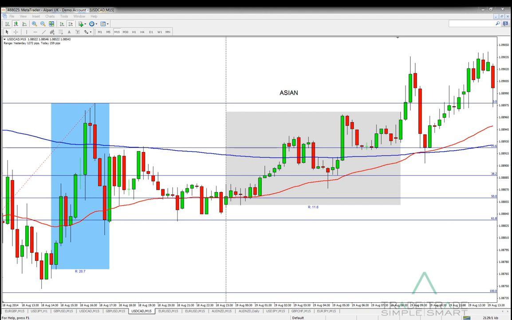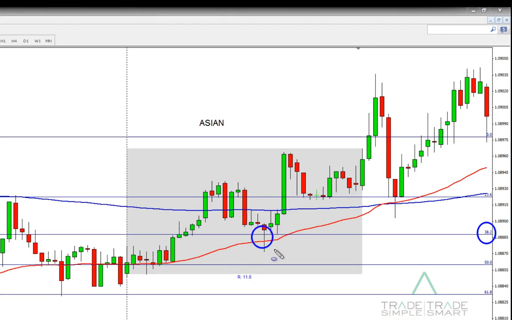Okay, so we have the 0.382 internal retracement, which falls within a relatively narrow range to the 50 moving average, and we can see that the pin that penetrated the 50 during the Asian session also penetrates the 0.382.